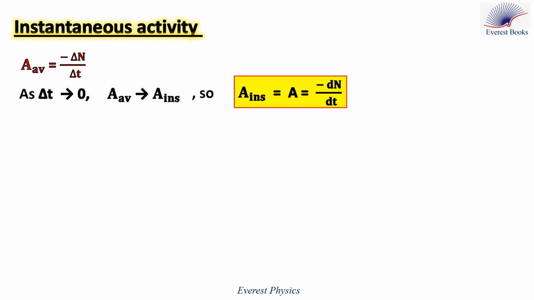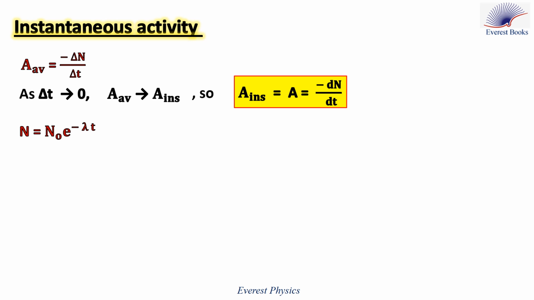Now let's move to the instantaneous activity. The average activity equals minus delta N by delta t. As delta t approaches 0, the average activity approaches the instantaneous activity. Then we get the instantaneous activity equals minus dN by dt, where dN by dt is the derivative of N with respect to time. Remember that N equals N0 e to the power minus lambda t.